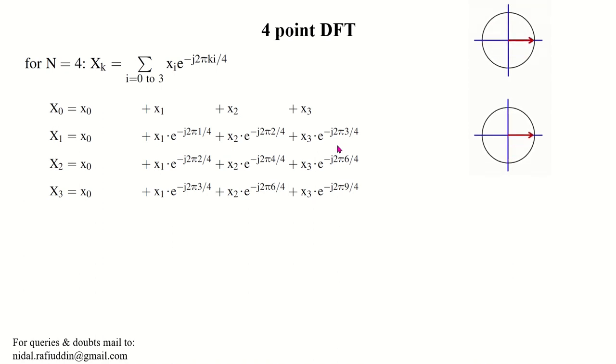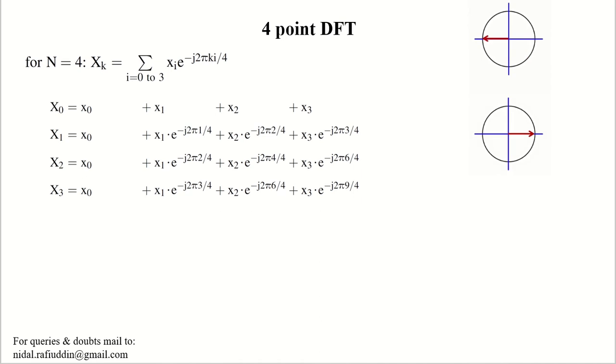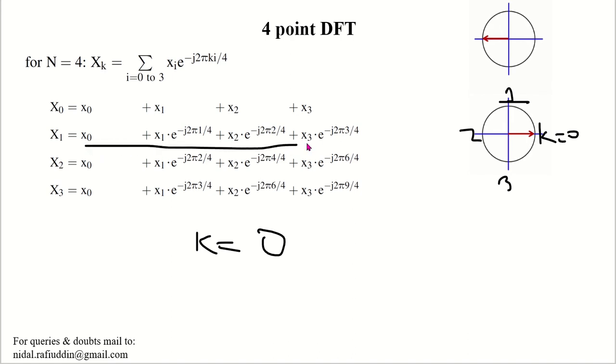So what this vector conveys is that for values of k, let me write this. So for values of k equal to 0, this is k equal to 1, k equal to 2, k equal to 3, and if we have more than 4 point DFTs, then in that case we'll be having more terms. So here we have four terms because we are talking about 4 point DFT.